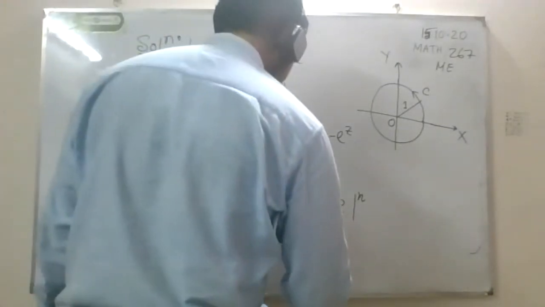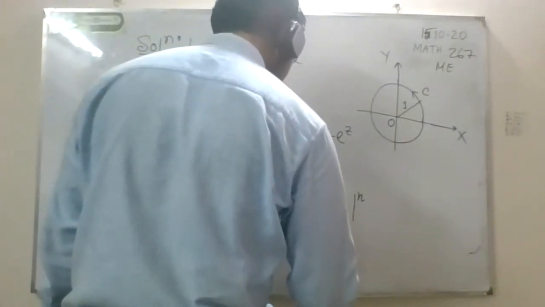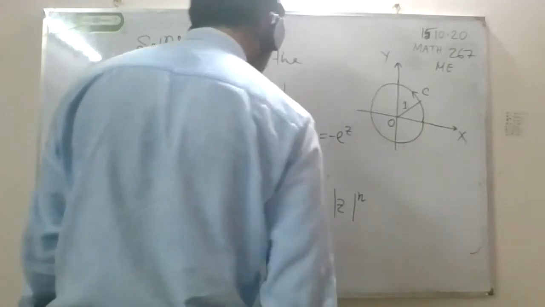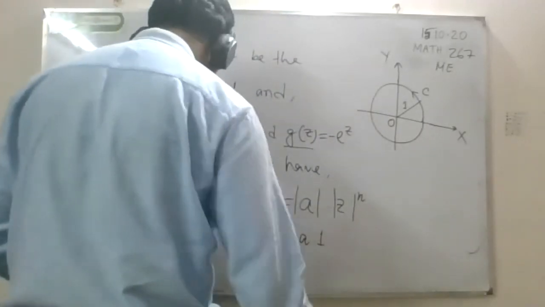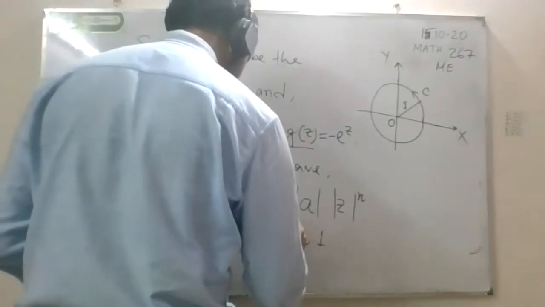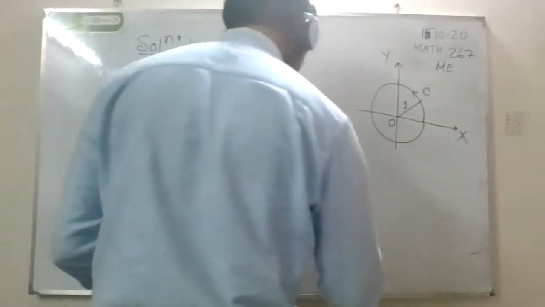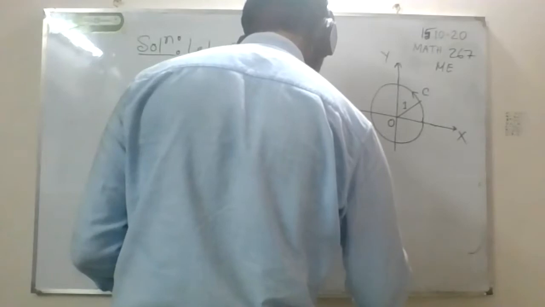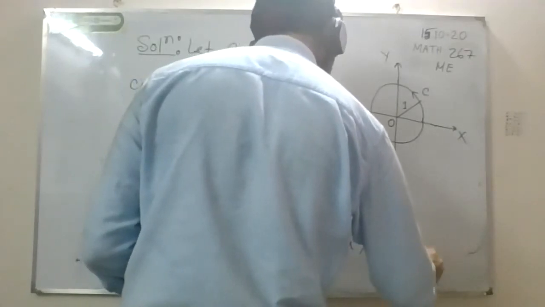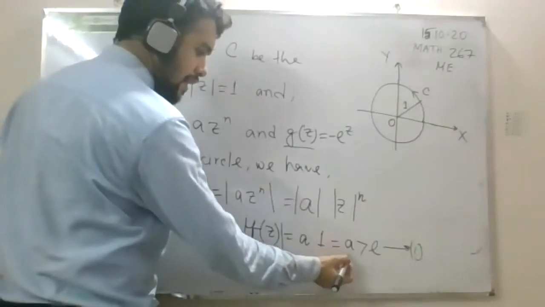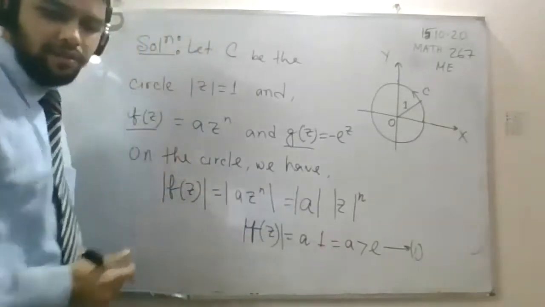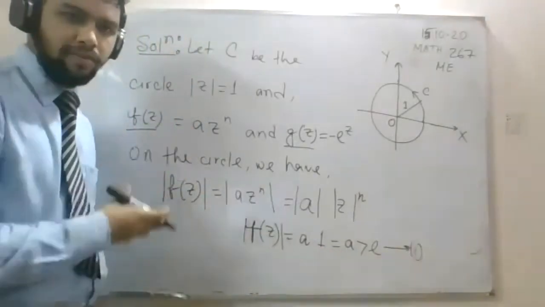And from here you can say this is a into 1. Okay. And after that, by the condition, you also see that a is greater than e. This was mentioned in your question.